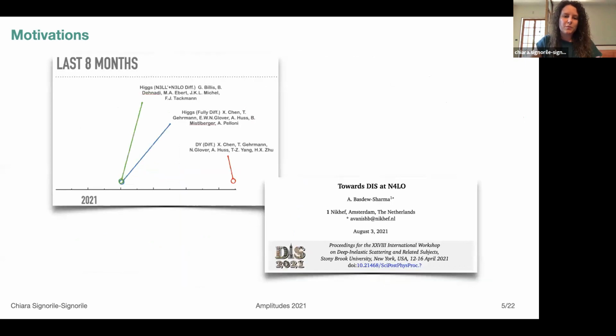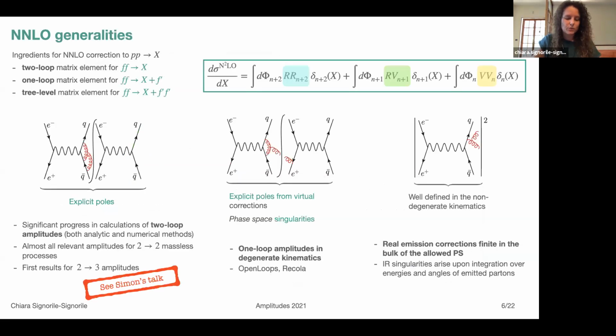In the last 8 months, already 3 important papers appeared on the arXiv, and we also see some attempts to study N4LO appearing very recently. One of the reasons why this is possible is the treatment of infrared singularities.